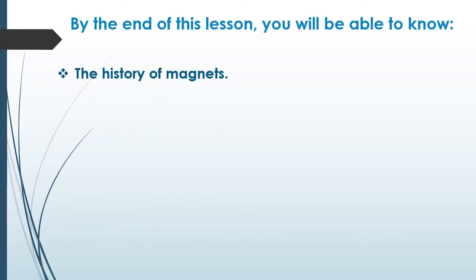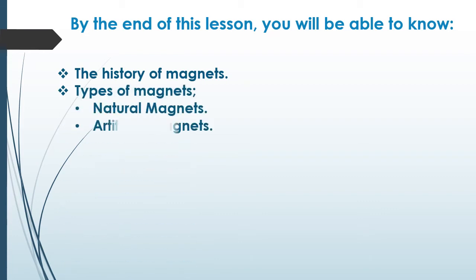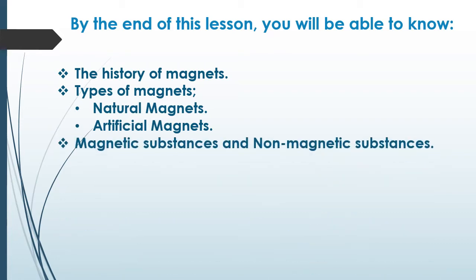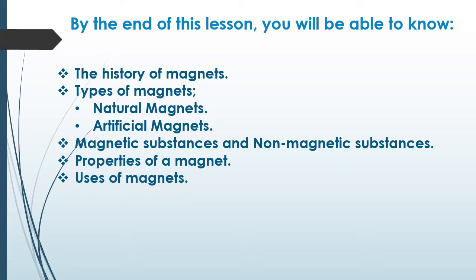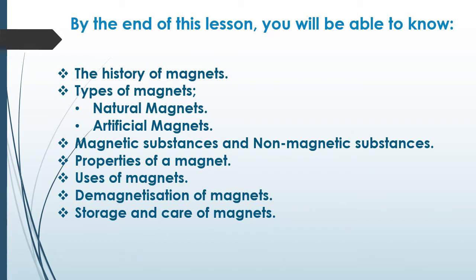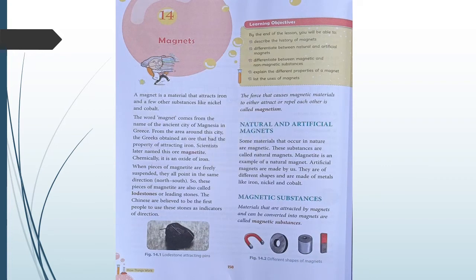In this unit, we will be learning about the history of magnets, types of magnets, natural magnets and artificial magnets, magnetic substances and non-magnetic substances, properties of a magnet, uses of magnets, demagnetization of magnets, storage and care of magnets. Magnets. You can refer page 158 in your textbook.